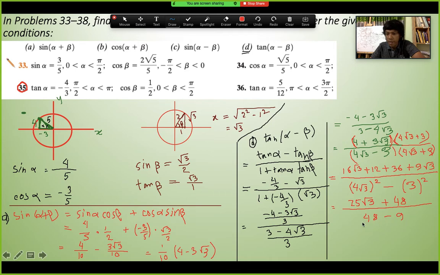So 48 minus 9 equals 39, and this is 25 root 3 plus 48. You can write 48 plus 25 root 3 also, it will not make any difference.